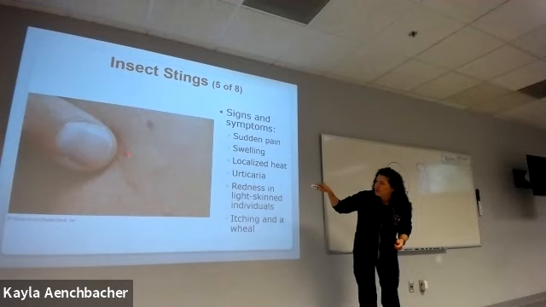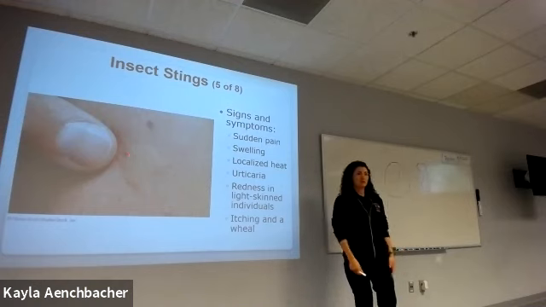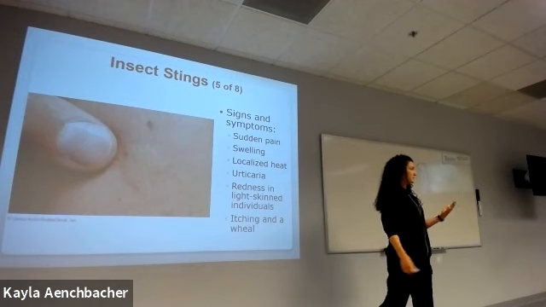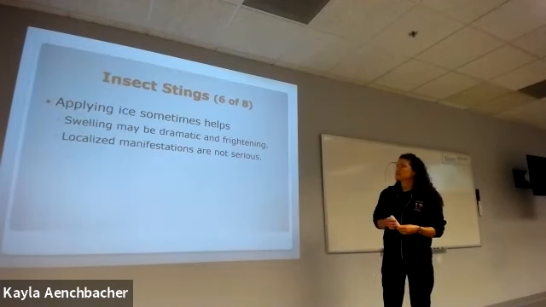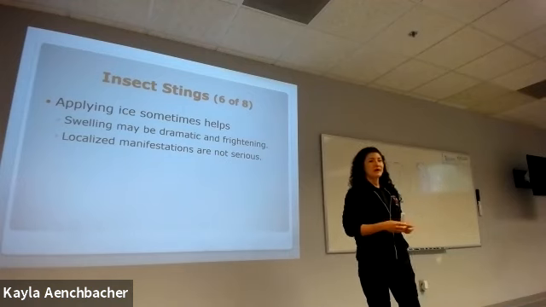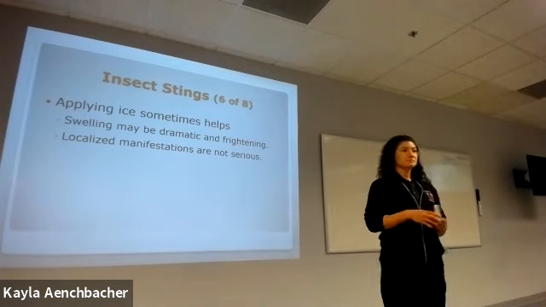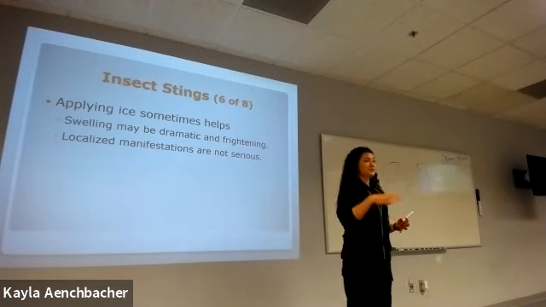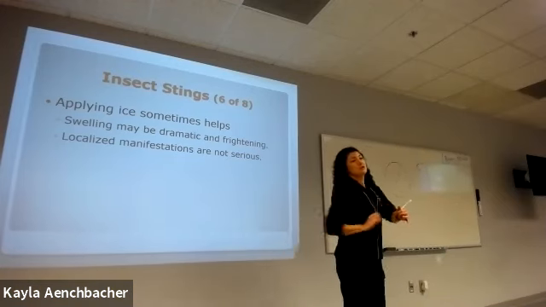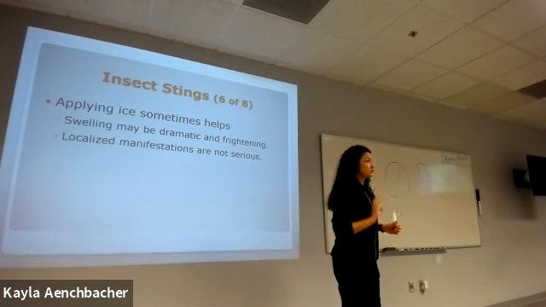Can't really see it, but that's just that little raise, that little welt, right? It'll go away. That's a normal response for any type of sting. For insect stings, apply ice. What happens with ice? When things get cold, they constrict. Those capillary beds are constricting, so we're not allowing as much blood flow. It's not going to swell as much.